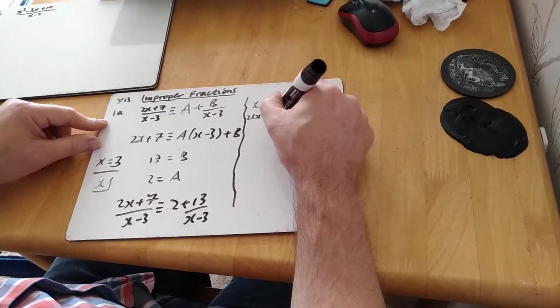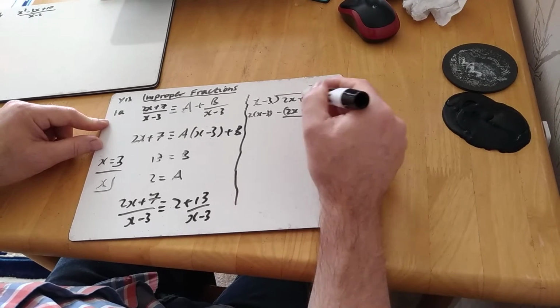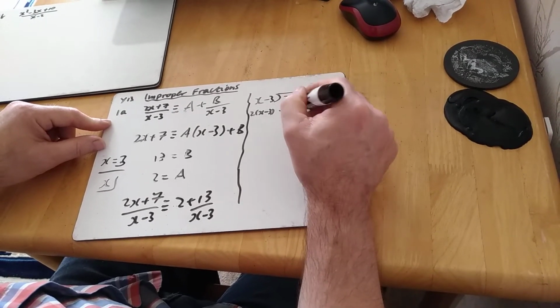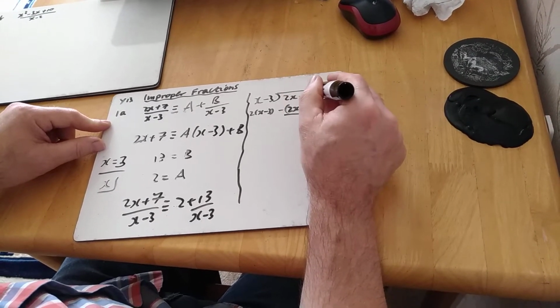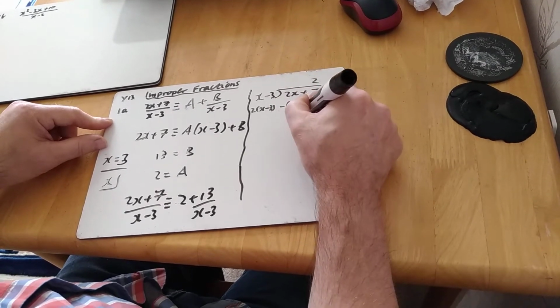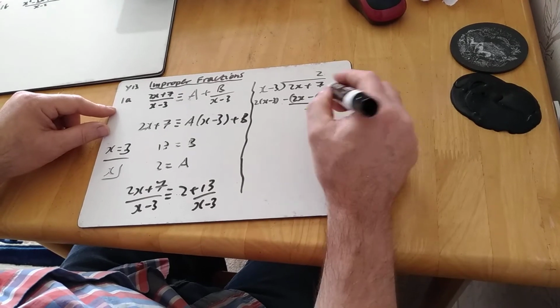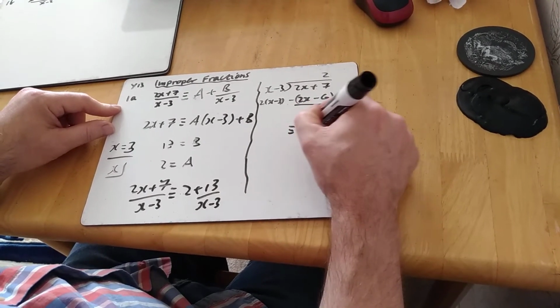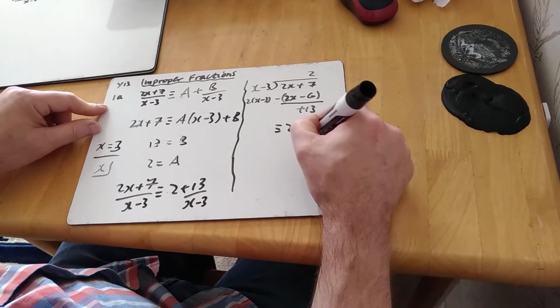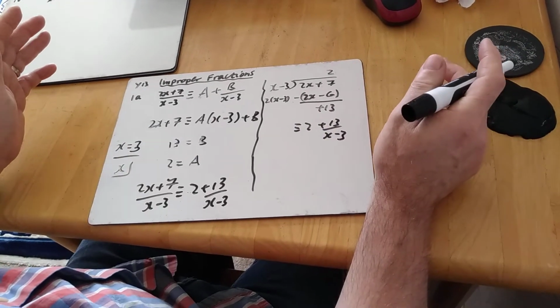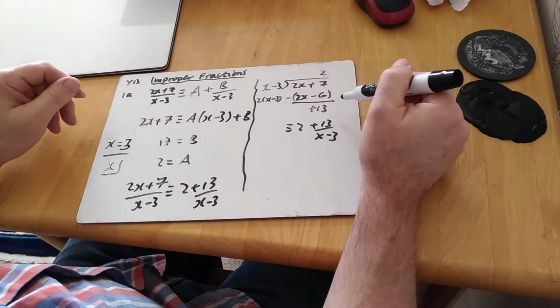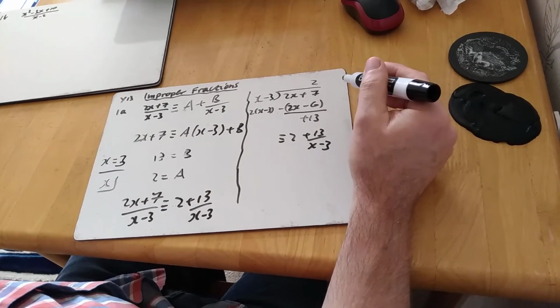I bracket it, I minus it, I put a line under there to work out the remainder. The first part should always go, that's the whole idea. And then plus 7 minus 6 is plus 13. I've got my answer. It looks easier at this stage, so it becomes equivalent to 2 plus 13 over x minus 3. It looks like there's less going on. We'll come back to long division though when we do one of the other examples.